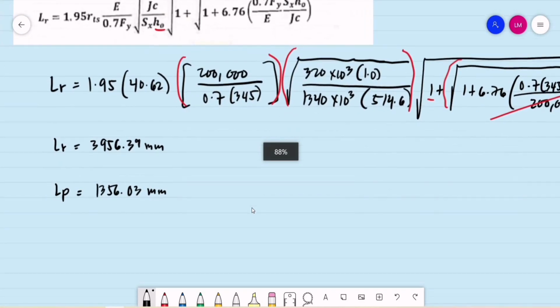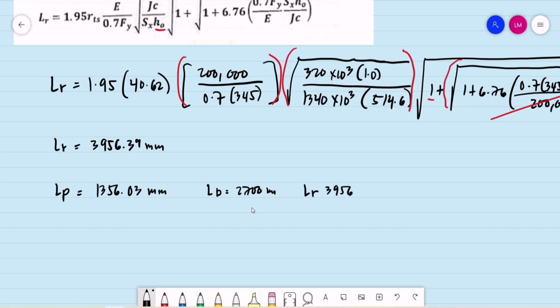Our unbraced length, that is L sub B, is equal to 2,700 millimeters. And our L sub R is equal to 3,956.39 mm. So basically, L sub B is greater than L sub P, but less than L sub R. Which means we are under zone number 2.